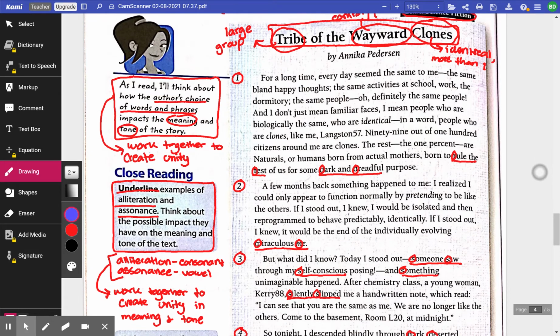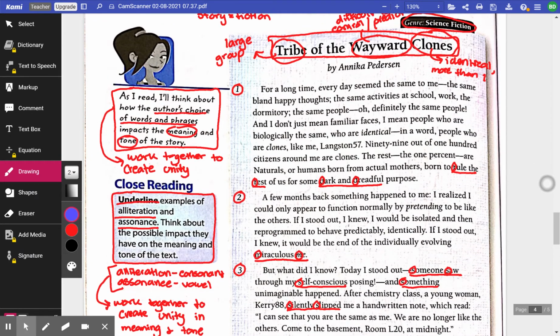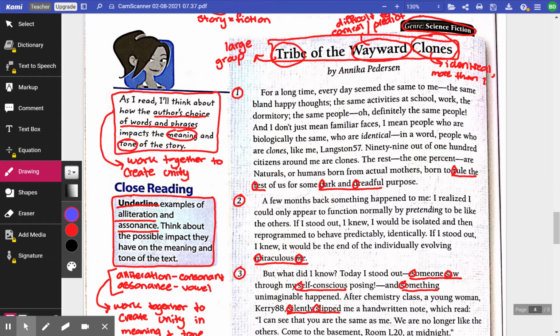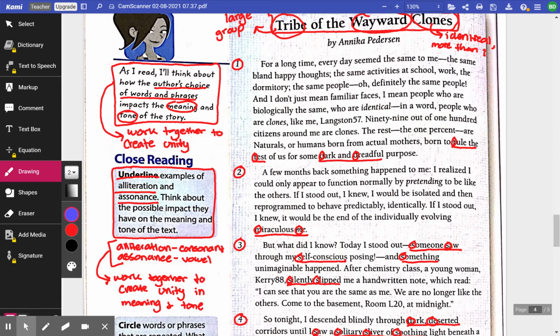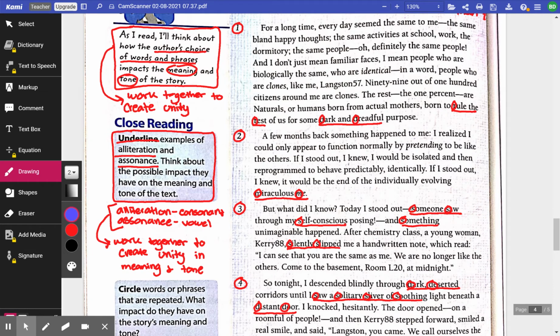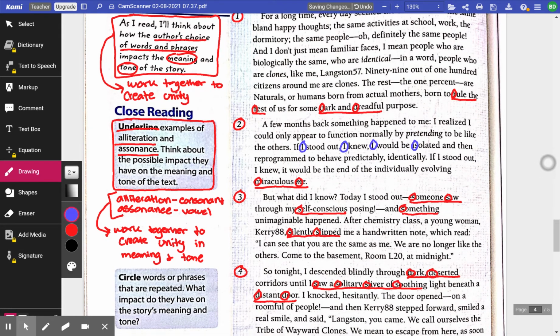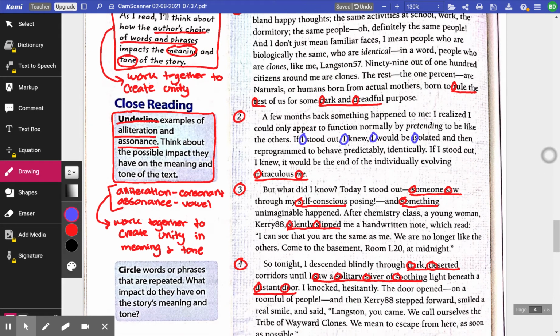So the first example I have of assonance would be in paragraph 2. In the phrase "I knew I would be isolated," that I sound, the long I sound. So if I stood out, I knew I would be isolated. That I sound is getting repeated over and over again right there.